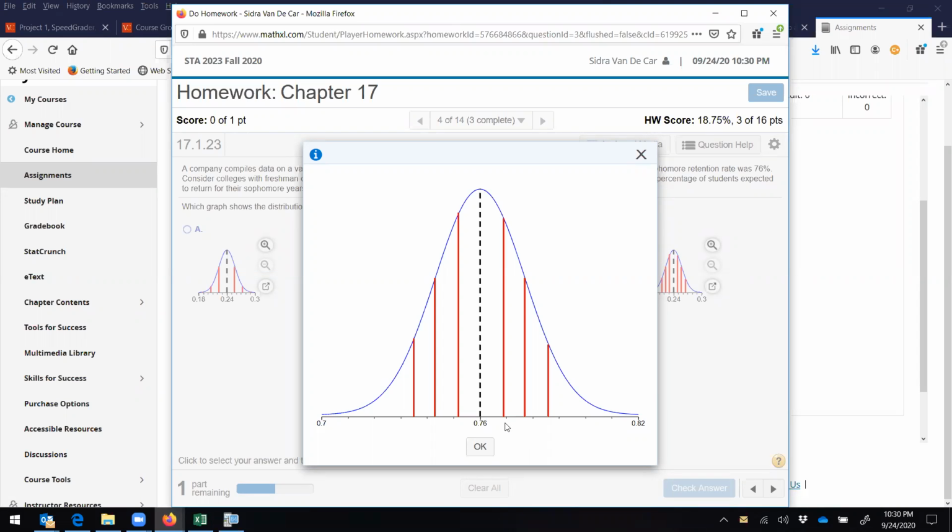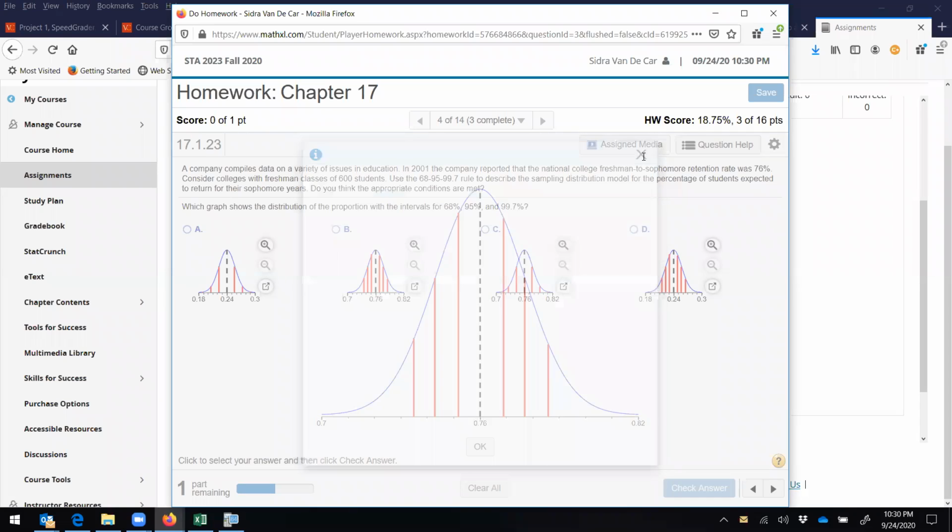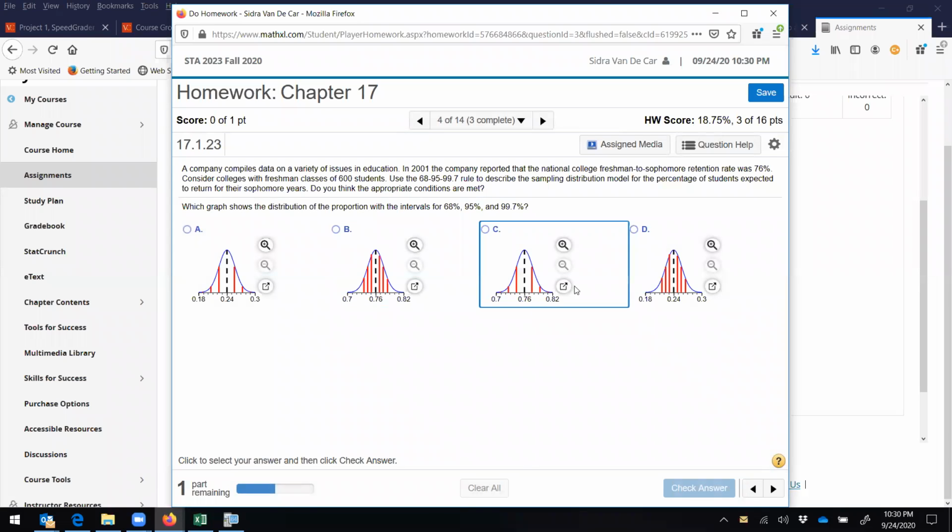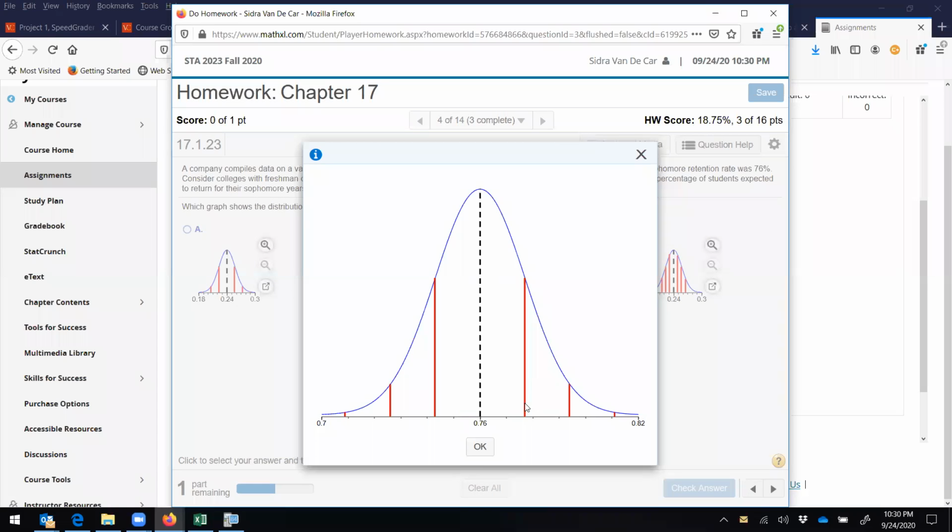This is about 0.77 here. So that matches, as does this one. No, this is too far over. Because this would be 0.77, 0.78, 0.79, 0.8, 0.81.